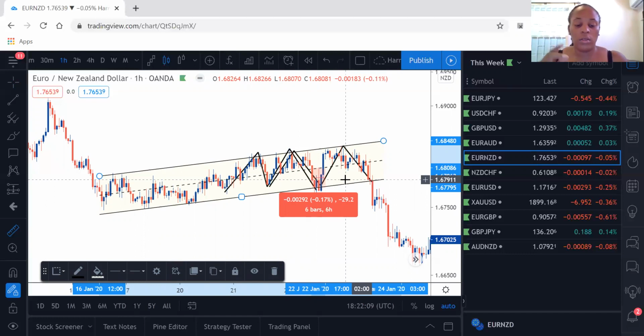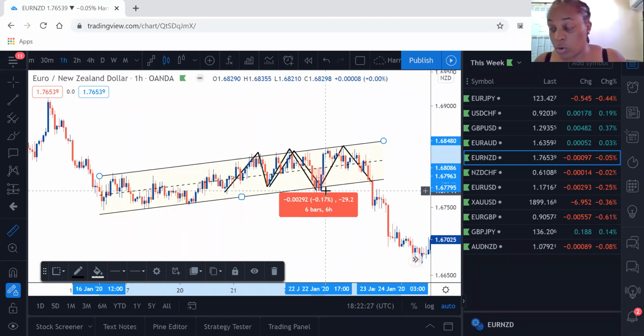Here, you would have placed your stop loss at break even, or you would have at least moved your stop loss to be tighter. It's to avoid you losing so much money, because some of you would have gone into this solid break and just decided, this is going to go to my next support, I'm just going to let it drop.